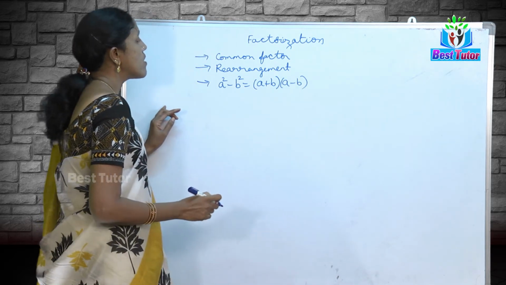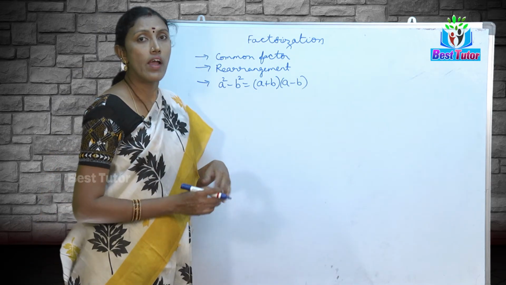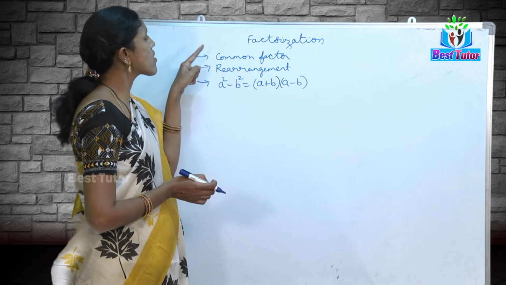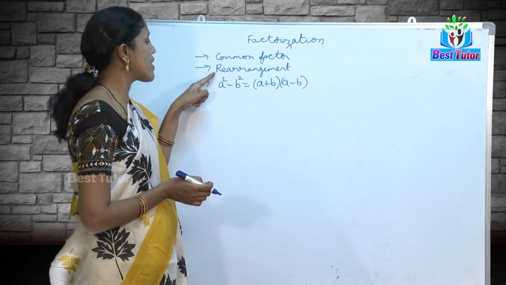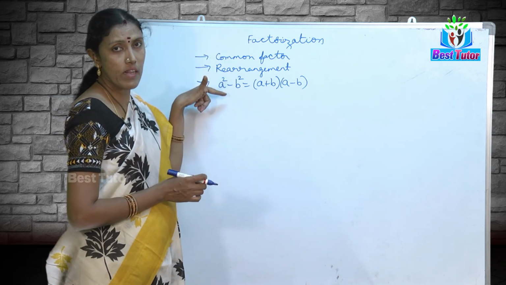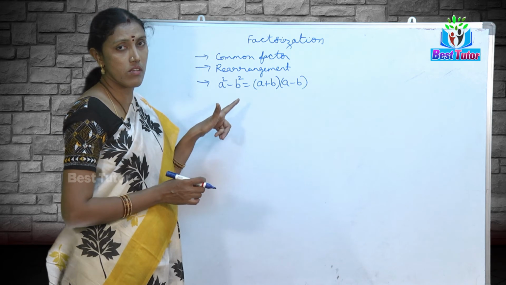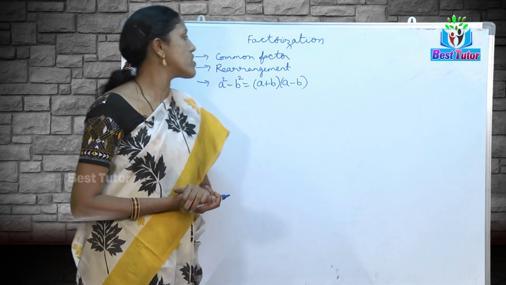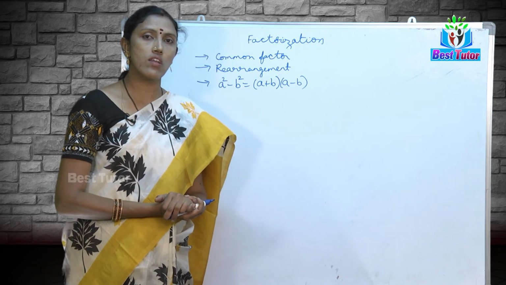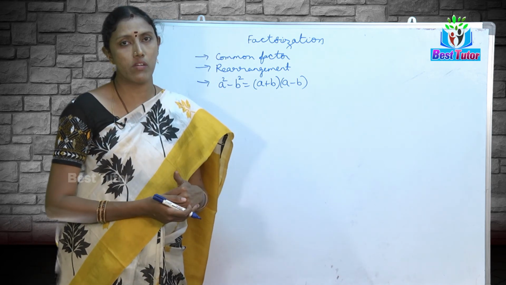Now we are competent enough to factorize a given expression using the taking out common factor method, or the rearrangement method, or this method, or it can be a combination of these methods, any of these three methods, isn't it? So today we have learned factorization by all these three methods. In the next videos we are going to learn factorization by many more methods. Thank you.